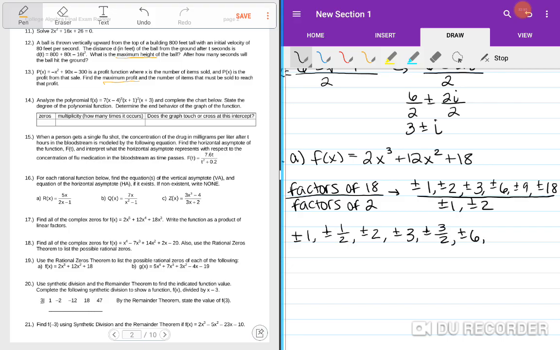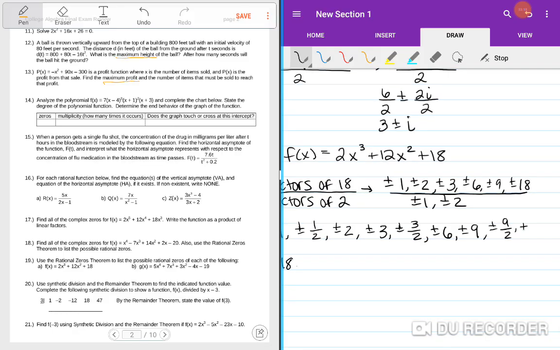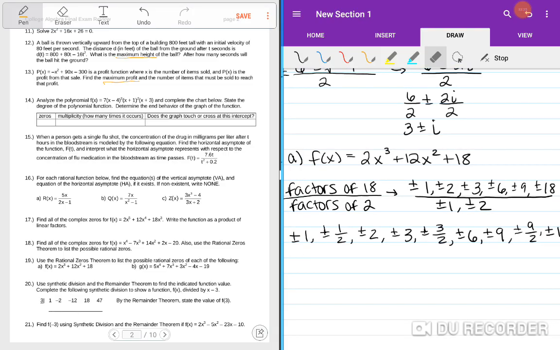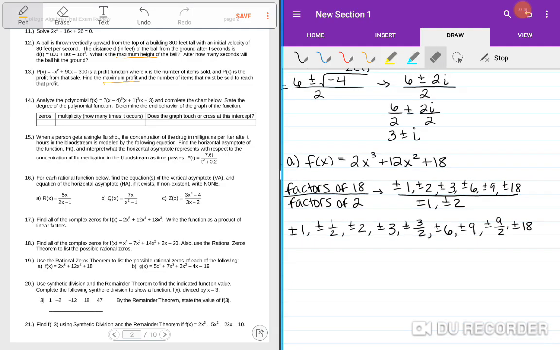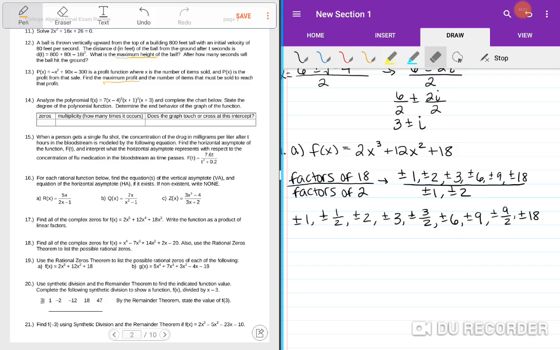Now 6 over 2 is equal to 3, so we already have that. 9 over 1, 9 over 2, plus or minus 18 over 1. Now 18 over 2 is equal to 9, which we already have in the list. Oh, I guess I could have just fit this one up here. There we go. All right, so there are all of your possible rational zeros.